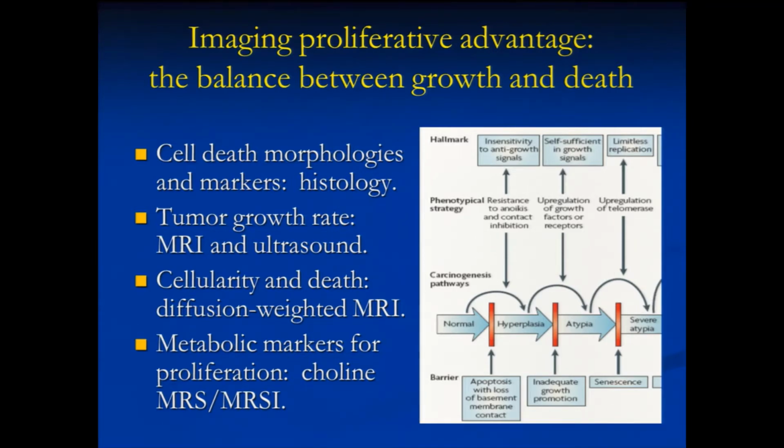MRI and ultrasound can be used to follow the growth of tumors, so the tumor growth rate can be followed in vivo. And diffusion-weighted MRI can be used as a measure of cellularity and this either loss of cell death or can follow cell death in the context of therapy. Also, there are metabolic markers for proliferation, such as choline, that can be followed by magnetic resonance spectroscopy.